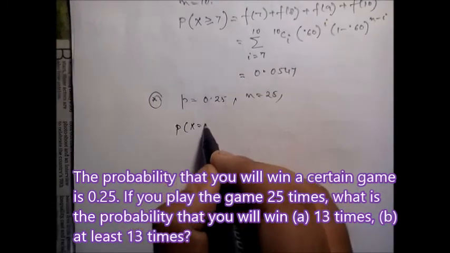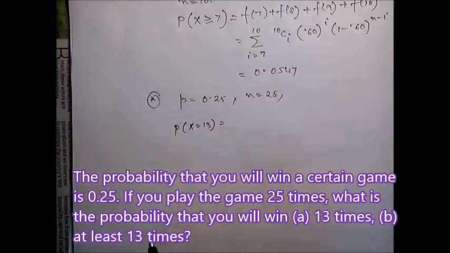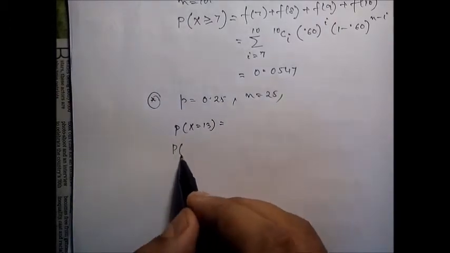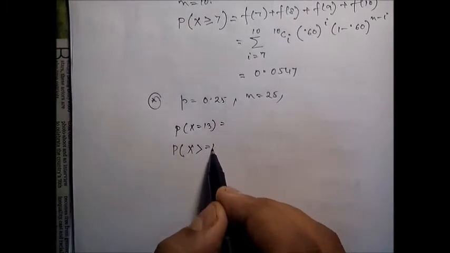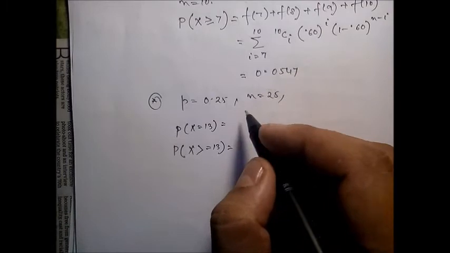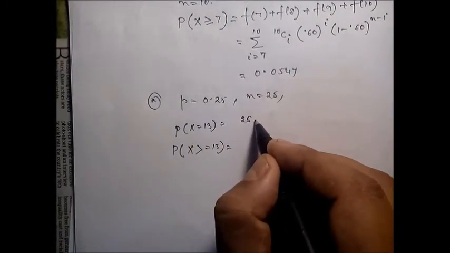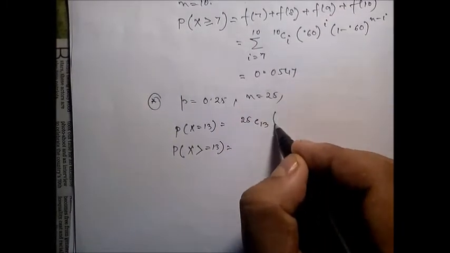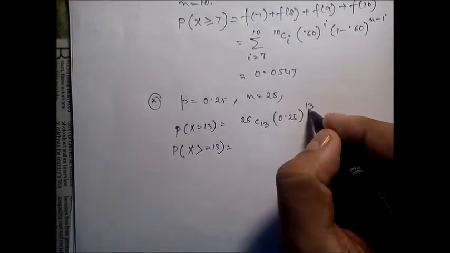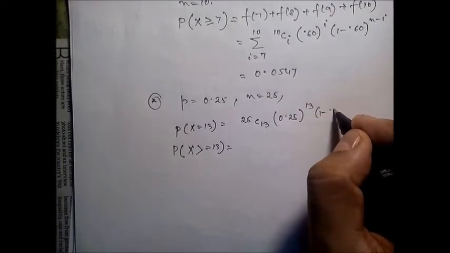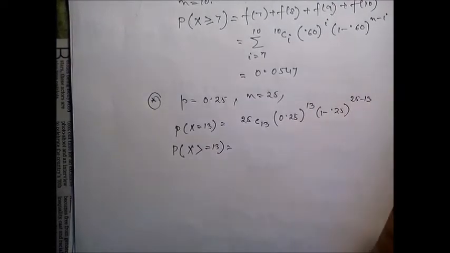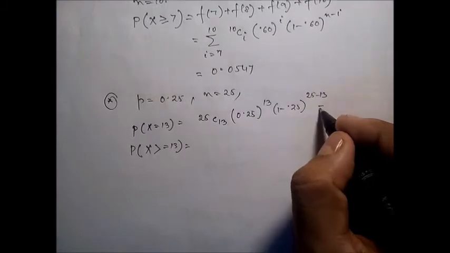That is, exactly 13 times, and at least 13 times. 13 times is what we have to identify first. It's very simple: 25C13 (0.25)^13 (1 - 0.25)^(25-13).